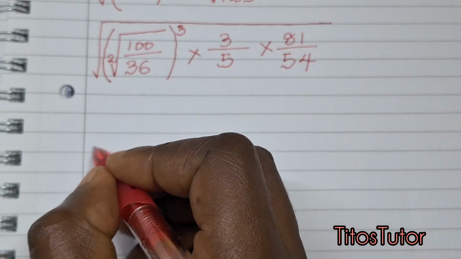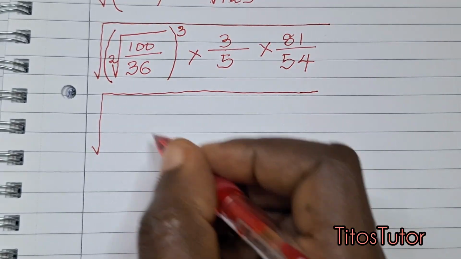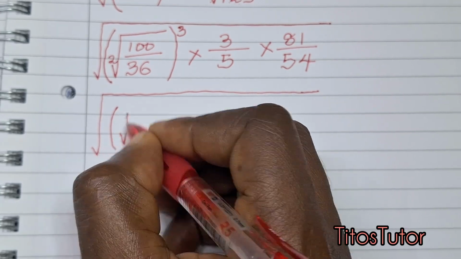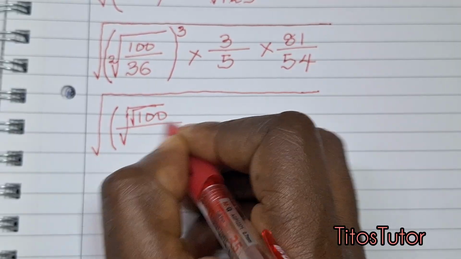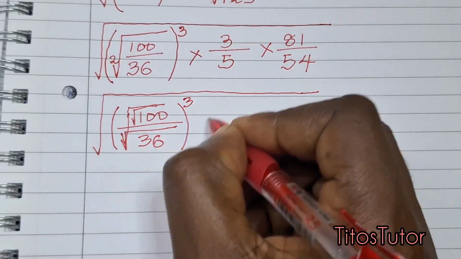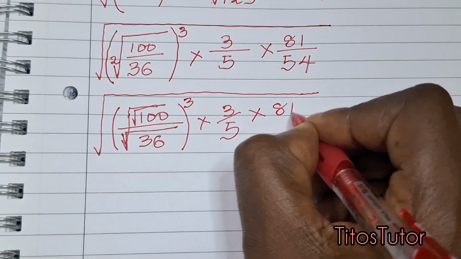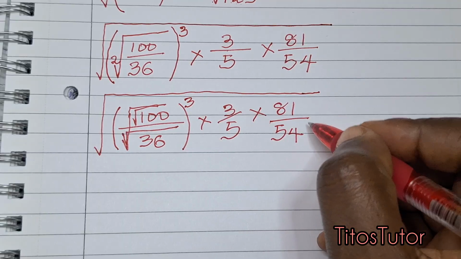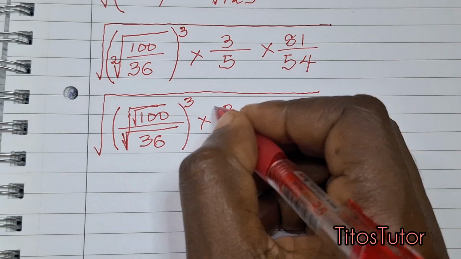To further simplify this, don't forget your very long square root sign. You can split it, yeah, into just square root of 100 over square root of 36. Then you cube it. Multiply by 3 over 5 times 81 over 54. In multiplication of fractions, I love to break down vertically or diagonally first before I multiply horizontally.